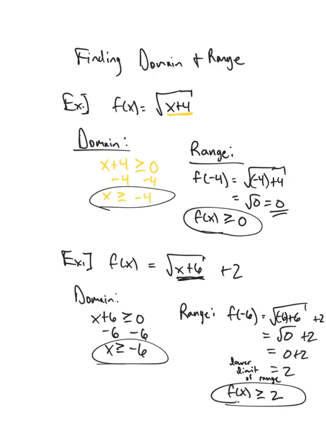Okay, guys, I'm going to put together a chart for when we're graphing these. I'm going to go ahead and add another page here. That kind of tells you how the graph should change from the parent function. This chart that I'm going to make is transformations of the parent function.